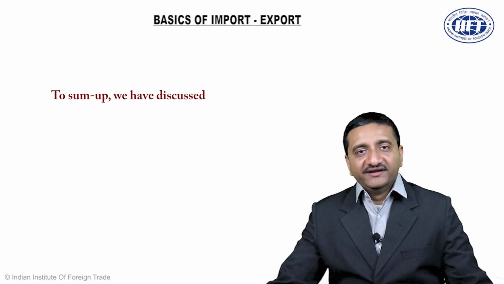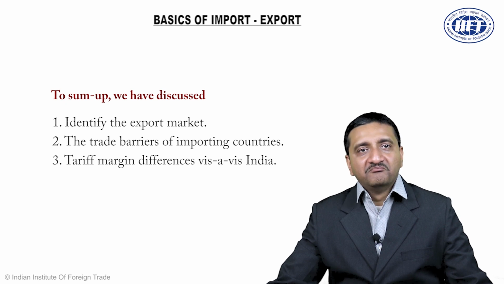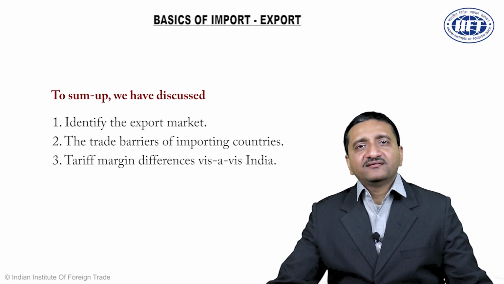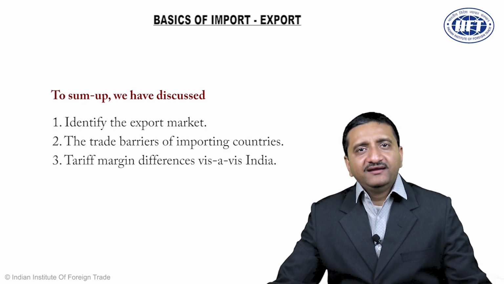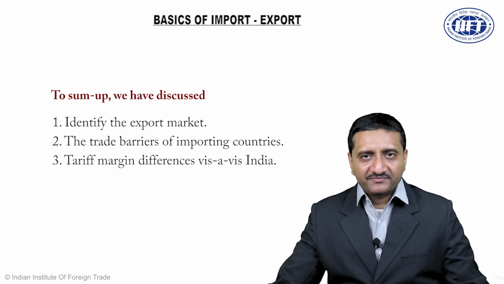So in this lecture, we checked, when you have identified a market and are trying to export there, what form of trade barriers might be imposed on your product and how you can compare the barriers across countries, and in an importing country, what might be the form of tariff margin of preference India might be suffering from.